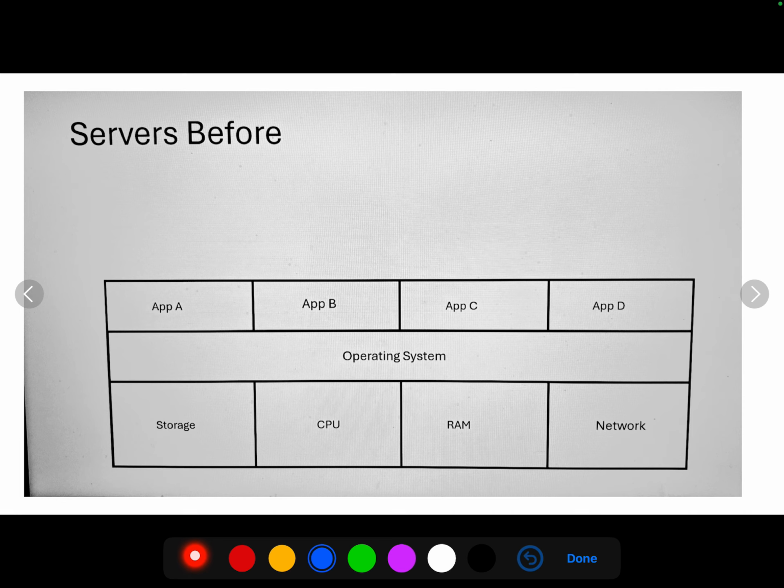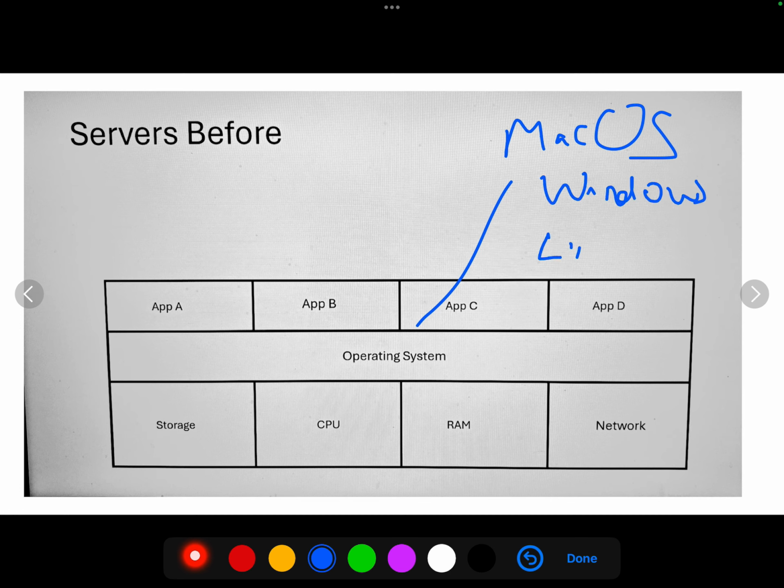Servers before and servers after virtualization. Well, this is how servers look before. You can see it's quite simple. We've got server resources here, and an operating system. That could be Mac OS, Windows, or Linux. If we're running desktop software, okay, but more likely we're running Windows Server or a Linux server.